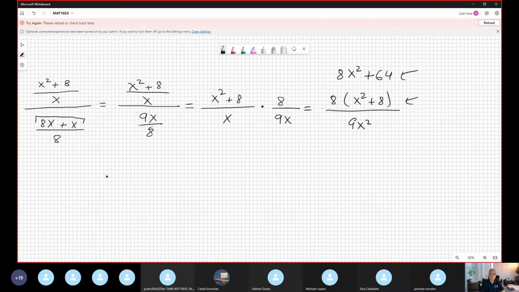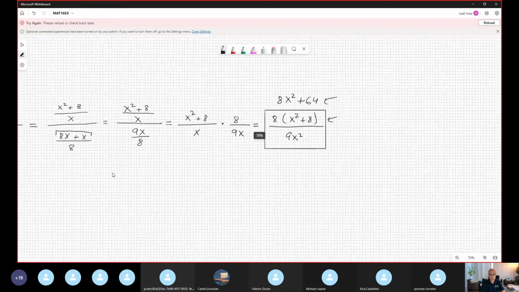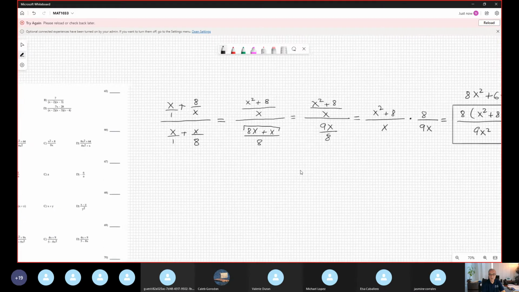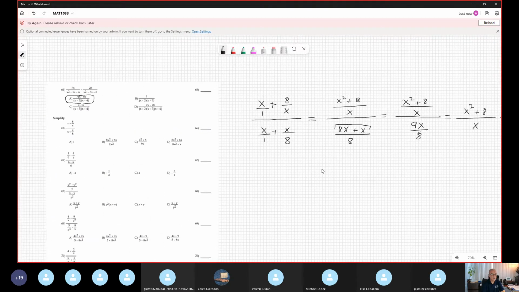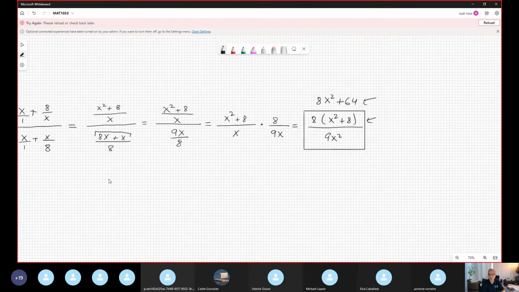Boom. My intuition says that this is better. But sometimes my intuition fails. It's B. So my intuition was not good. No parentheses.